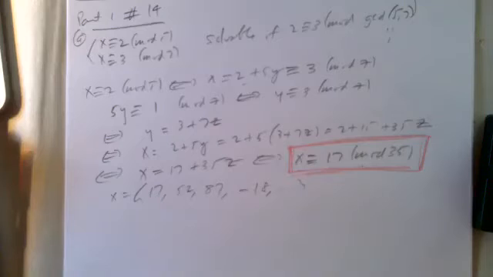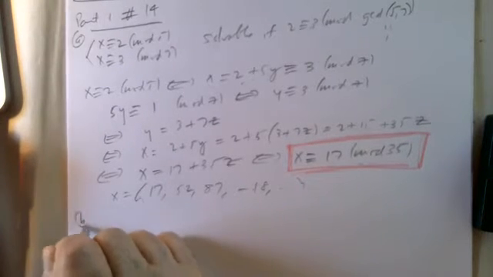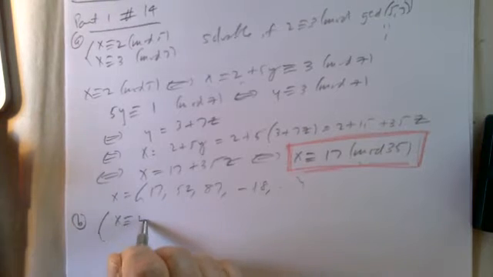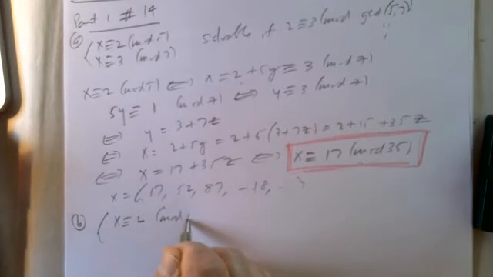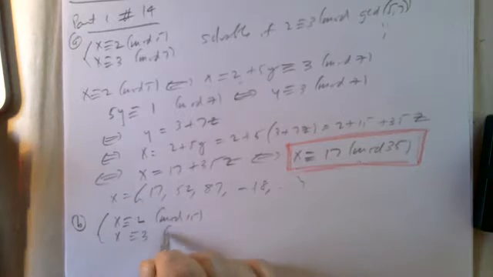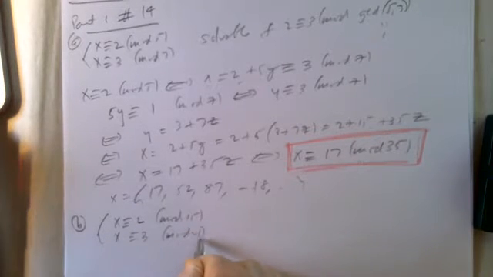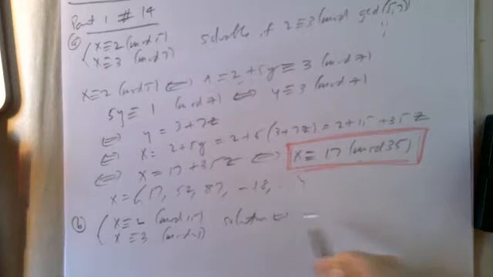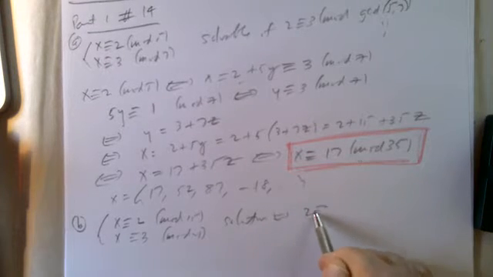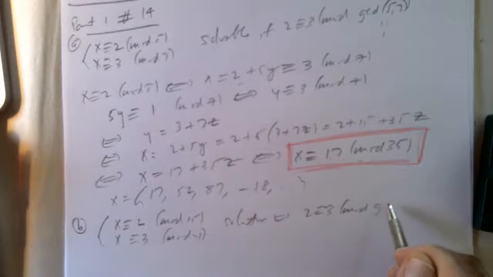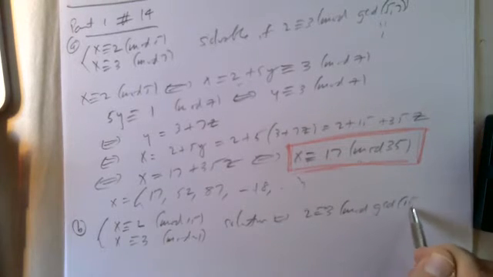Okay. And for part B, you have x congruent to 2 mod 15 and x congruent to 3 mod 21. There's a solution if and only if 2 is congruent to 3 modulo the greatest common divisor of 15 and 21.